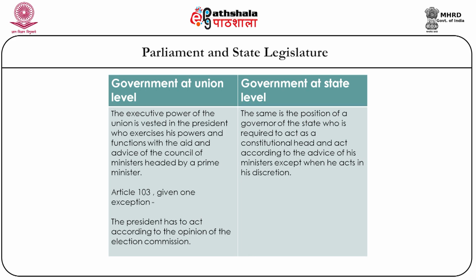Now, at this level also there is one exception, that the governor can also act in his own discretion in few situations. He is not always bound by the advice of the ministers and the chief minister.